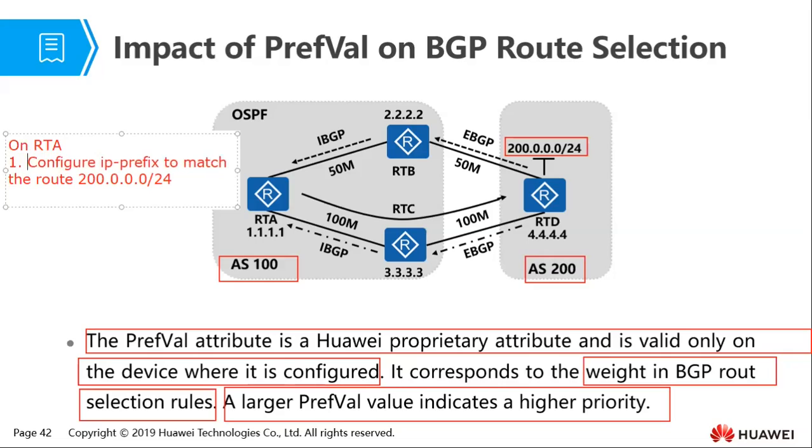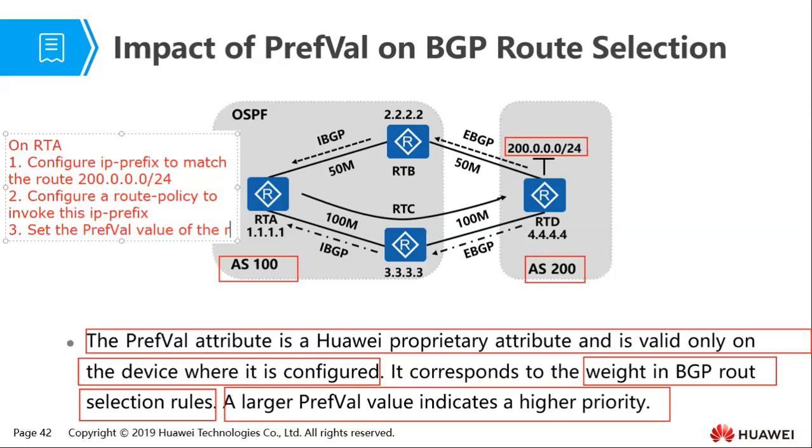So that is the first thing the admin will do. Number two, he will also configure a route policy to invoke this IP prefix. Then number three, the admin will have to set the preference value of the route to, for example, 100.